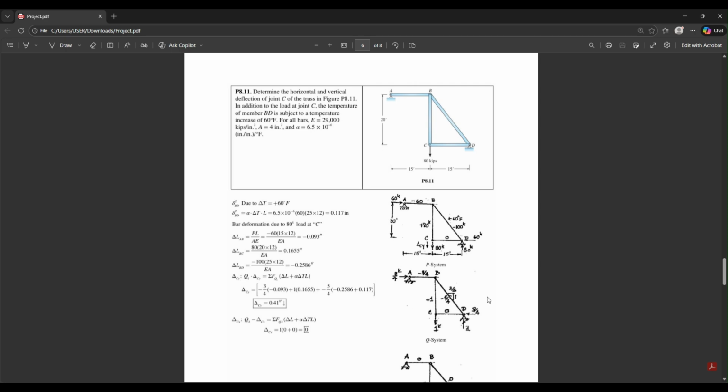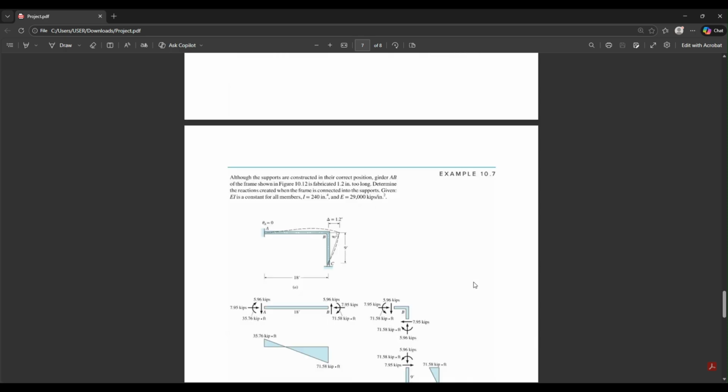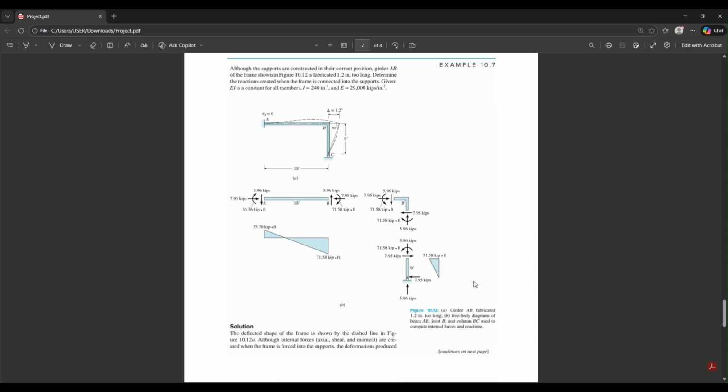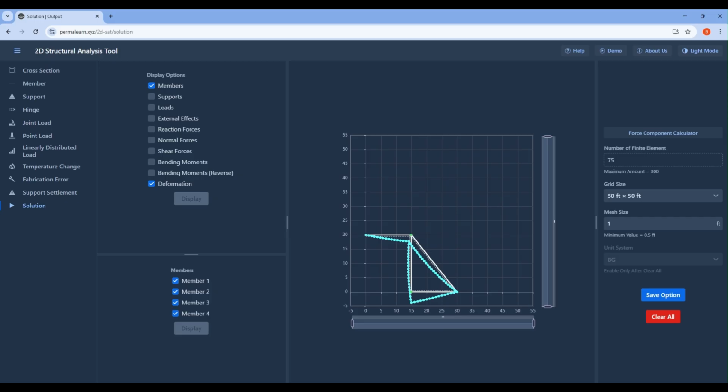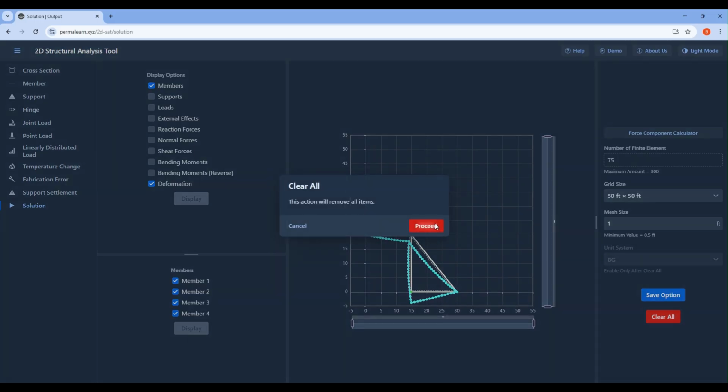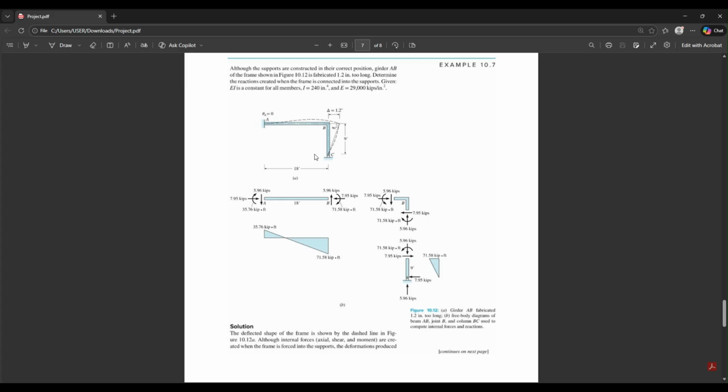And now let's move on to another problem and another function too, which is example 10.7. They ask us to determine the reactions created when the frame is connected to the supports when there is a fabrication error. So let's build this structure first.